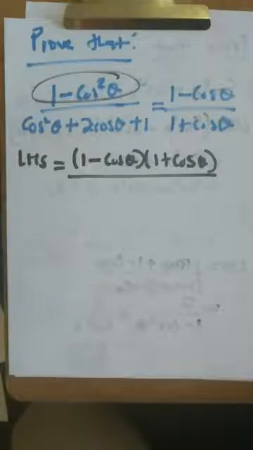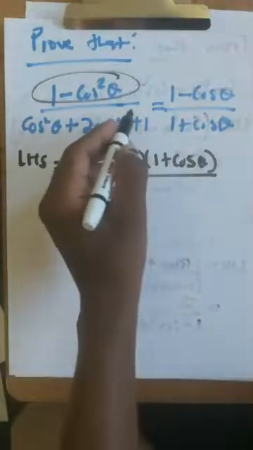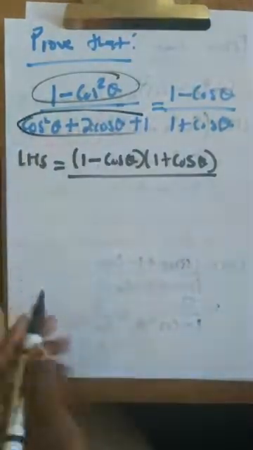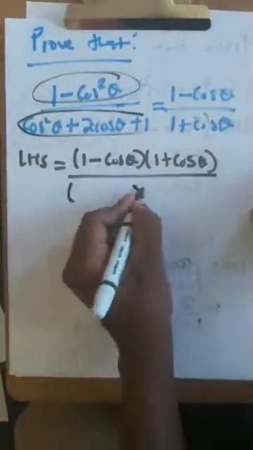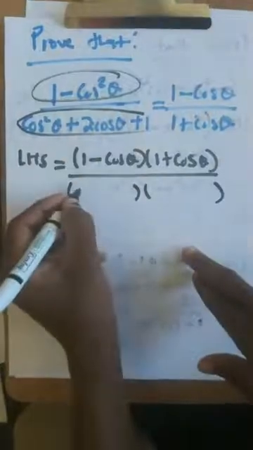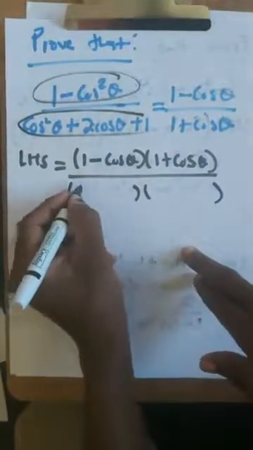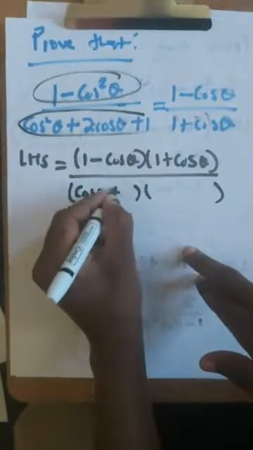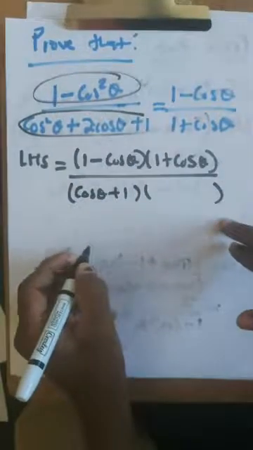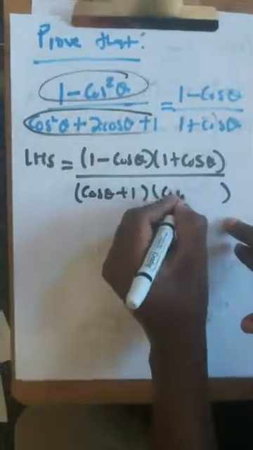What can you do to this one? It's a quadratic. So we factorize: cos theta plus 1, and cos of theta plus 1.